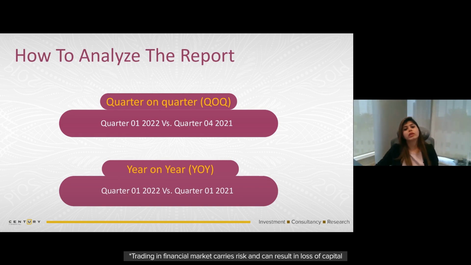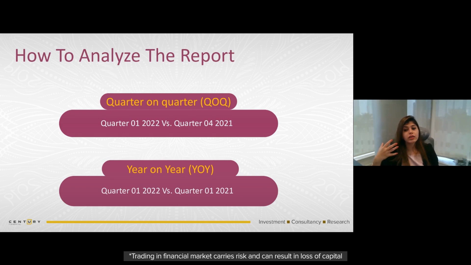So we'll be comparing the net profits for Apple for Q1 2022 versus Q4 2021. If the profits are higher than the previous quarter, then the profit margin has gone up and the profits have been increasing, which is obviously a positive sign.